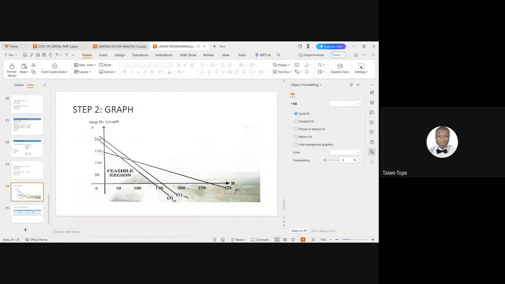Most times when students plot, they don't plot appropriately. They will determine another resource as the limitation. But if you plot the graph very well, the 2 constraints based on the graph will, I'll refer you to the question.